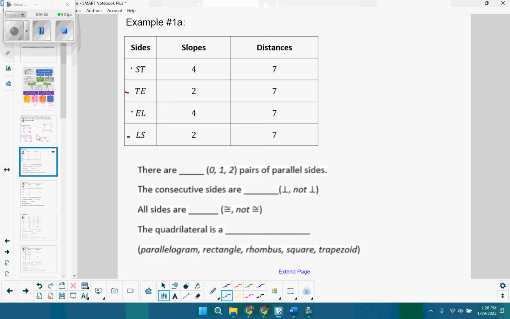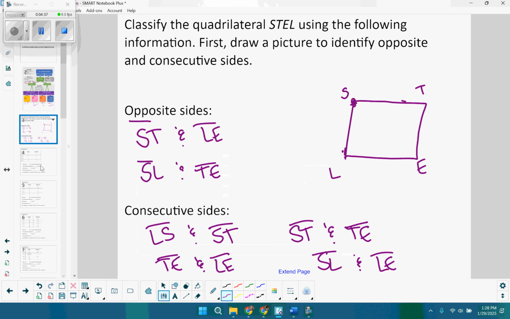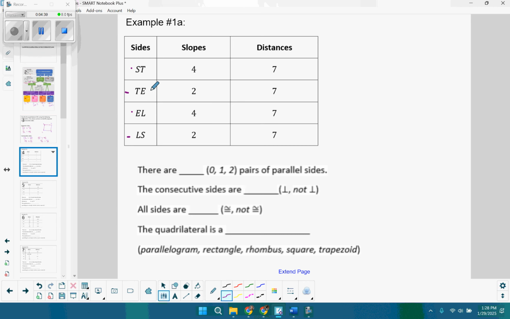TE and LS were opposite. That's what we said right here. And then one that happens right after the other is considered consecutive.